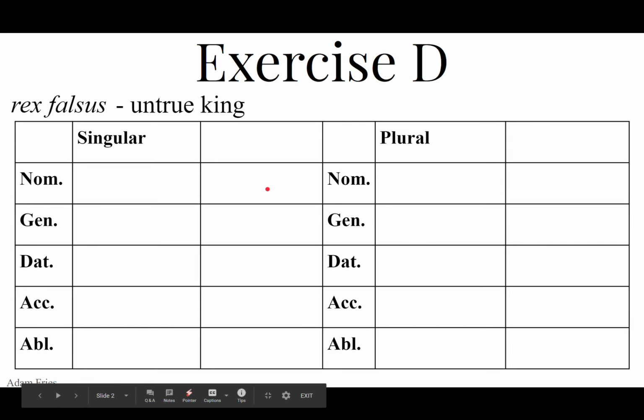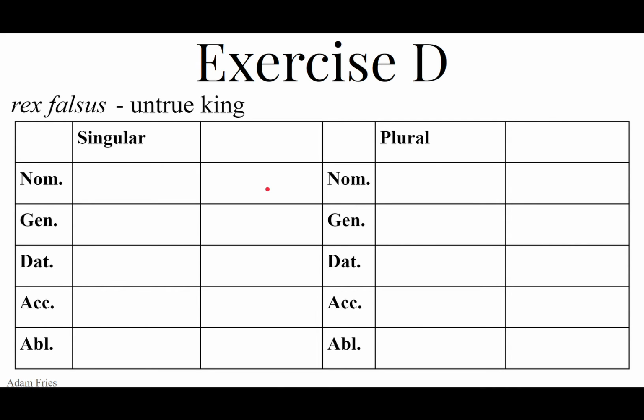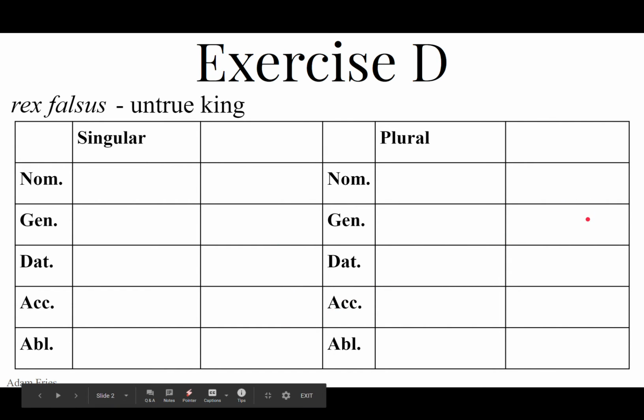Now falsus, we decide that the masculine falsus should agree with the masculine noun rex. That will decline like a second declension masculine: -us, -i, -o, -um, -o, -i, -orum, -is, -os, -is.